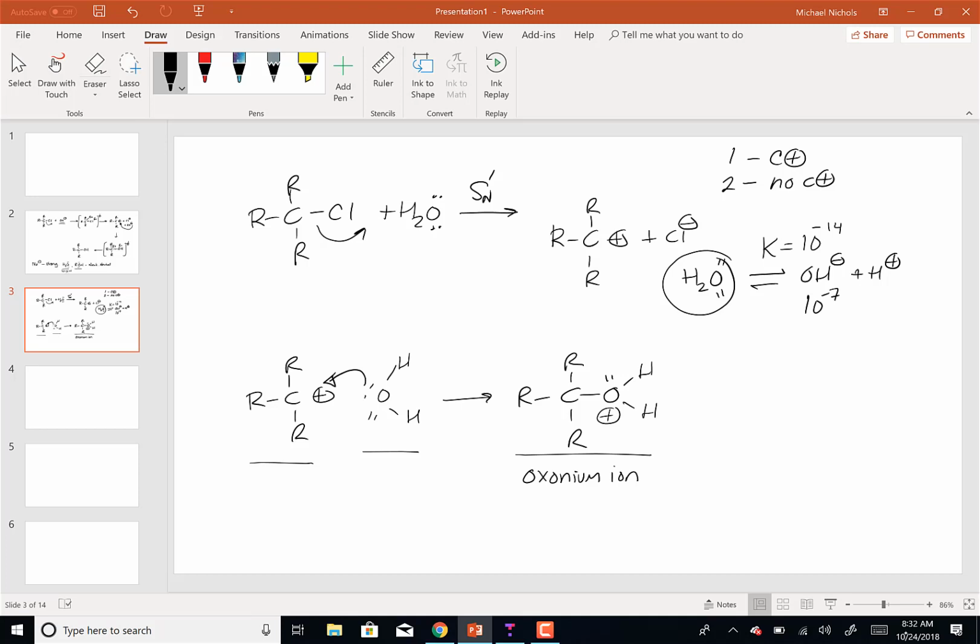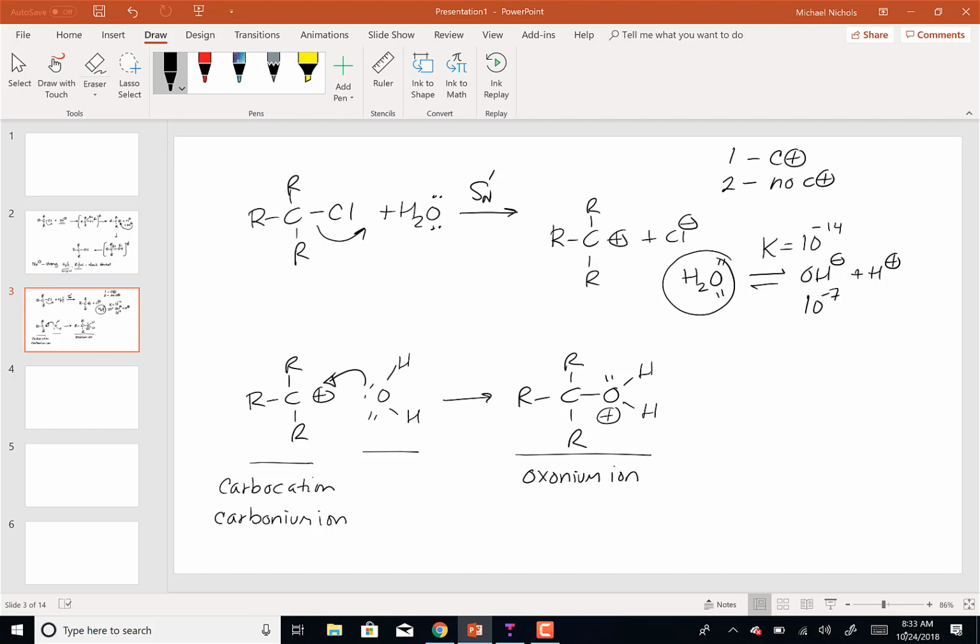The carbon, when it has a plus charge, we can either call a carbocation, which is what I prefer, or some people call it a carbonium ion. And so the oxonium ion terminology is similar, but I just use the carbocation. So we make an oxonium ion.